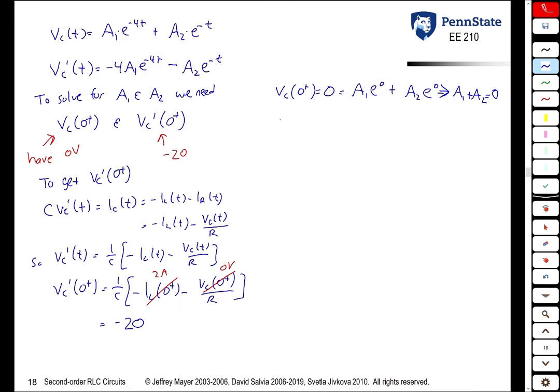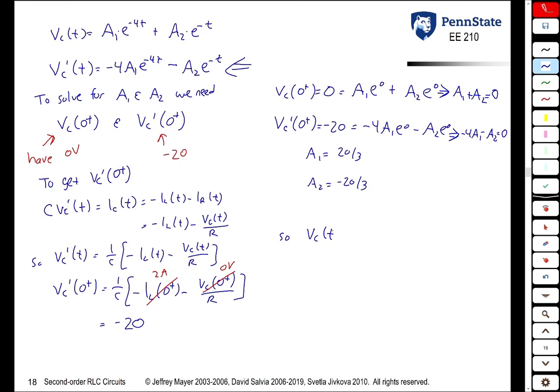From the second of the new initial conditions, we get VC prime of 0 plus is minus 20, and that equals, plugging into that equation there, minus 4A1 e to the 0 minus A2 e to the 0. So from this one we get minus 4A1 minus A2 is equal to minus 20. Two equations and two unknowns, we can solve for them and we get that A1 is 20/3 and A2 is minus 20/3.